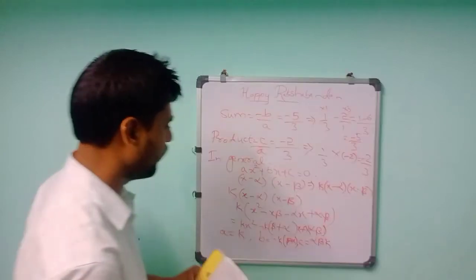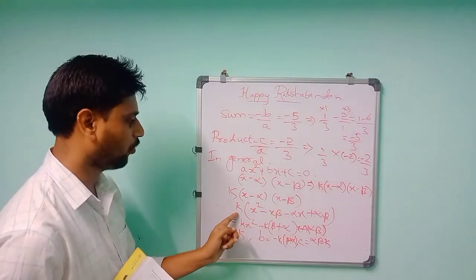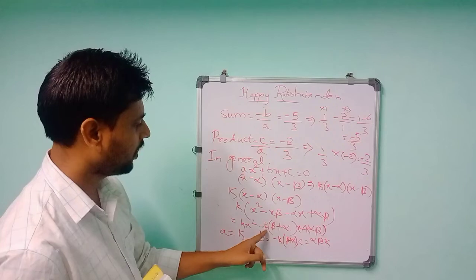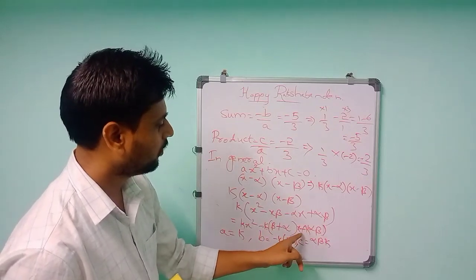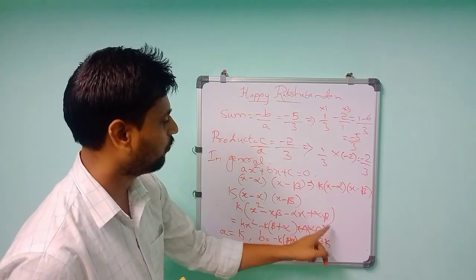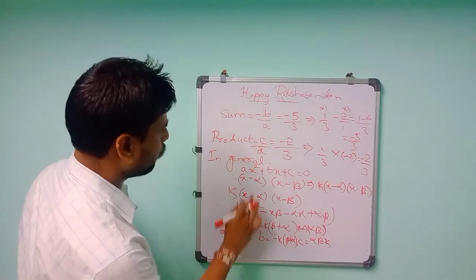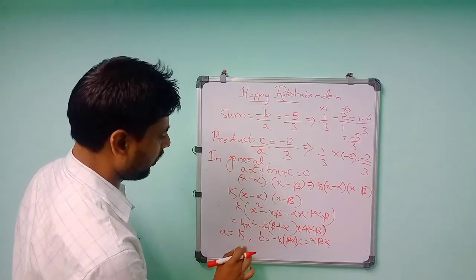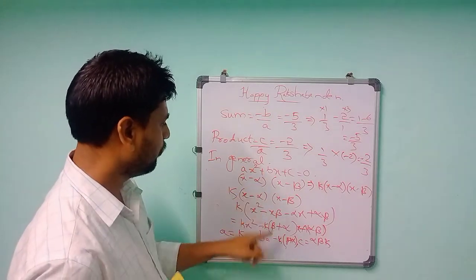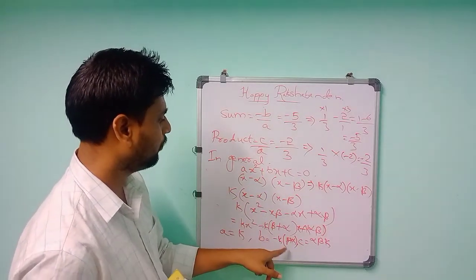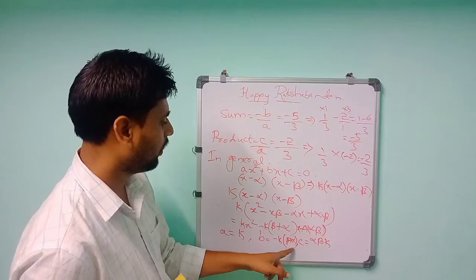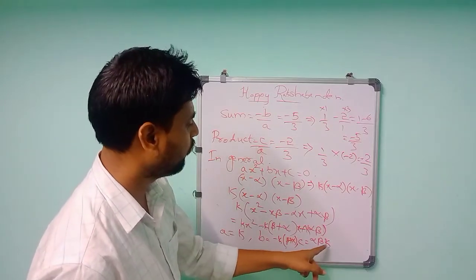You have to multiply k also; k is the real constant. So k x square minus k into alpha plus beta into x plus k alpha beta. Comparing with ax square plus bx plus c, a is k, b is minus k times beta plus alpha, then c is equal to alpha beta k.